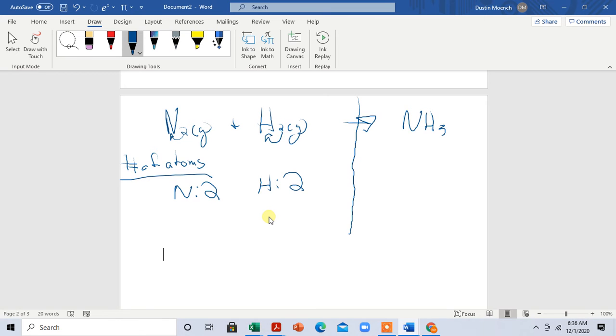On the product side, we have 1 nitrogen and 3 hydrogens.